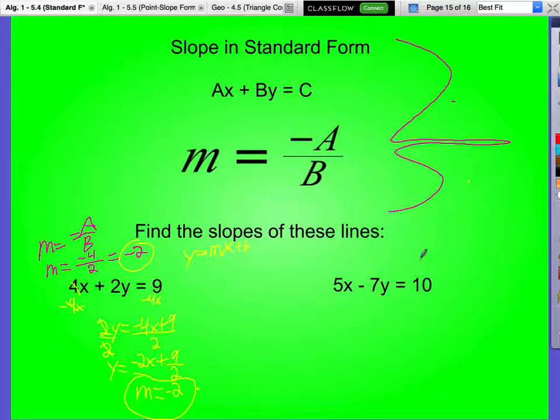Okay? So I want you to find the slope of this line. I want you to use this method, please. The m is equal to negative a over b. I want you to find the slope of this line.